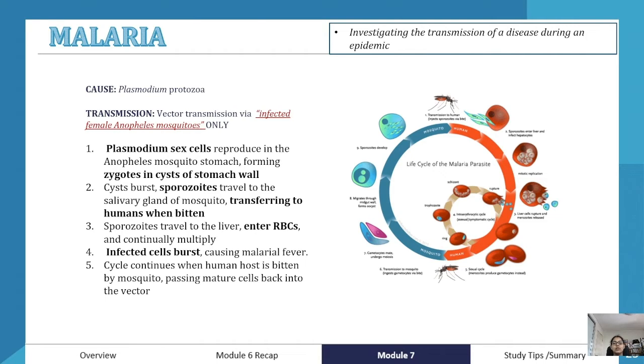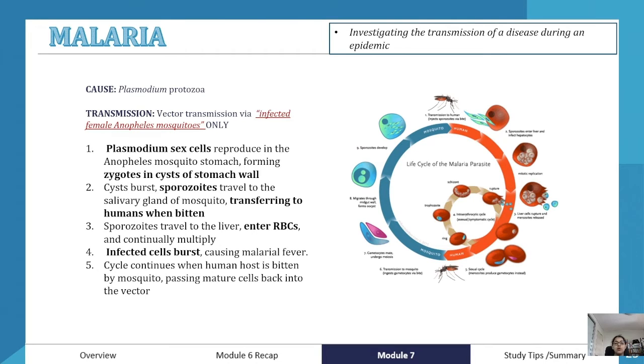Firstly, we've got the Plasmodium sex cells, which reproduce in the Anopheles mosquito's stomach, forming zygotes in the cysts of the stomach wall. Then these cysts burst and sporocytes travel to the salivary glands of the mosquito, and from there they are transferred to humans when they bite. Sporocytes then travel to the liver, not the lungs, the liver, and they enter the red blood cells and continually multiply.